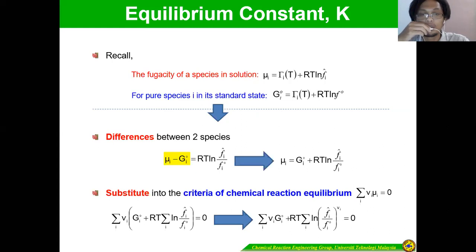Mu is the chemical potential, and G naught is the Gibbs energy. So if we take the difference between these two equations, okay, thermodynamics.